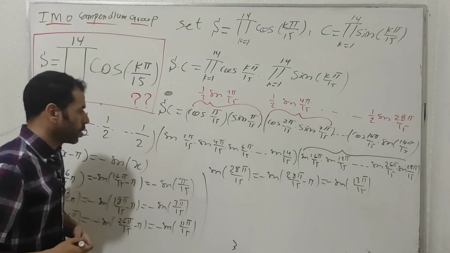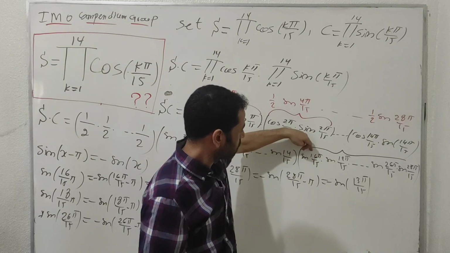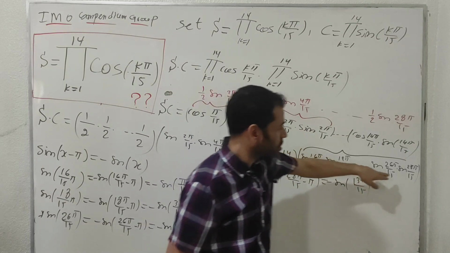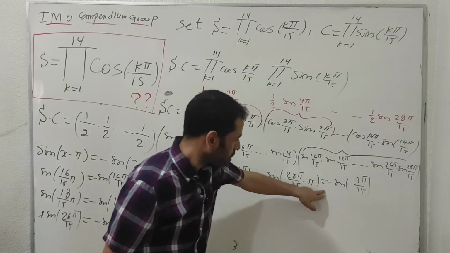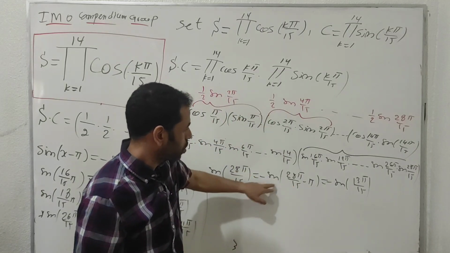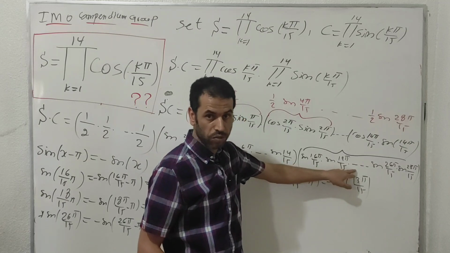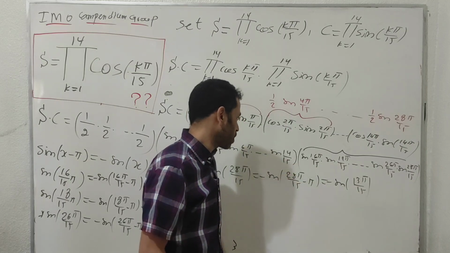Okay, the terms from sine 16 pi over 15 to sine 28 pi over 15, we have 7 terms. All of them are coming with a minus sign, since we have these terms as odd terms, which means we will have minus sign in the front.